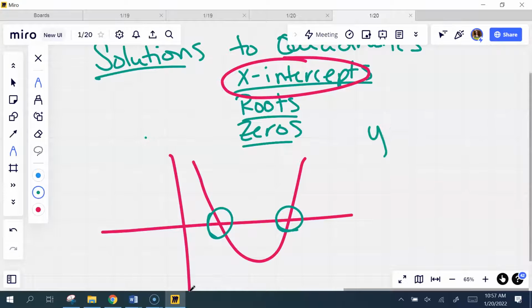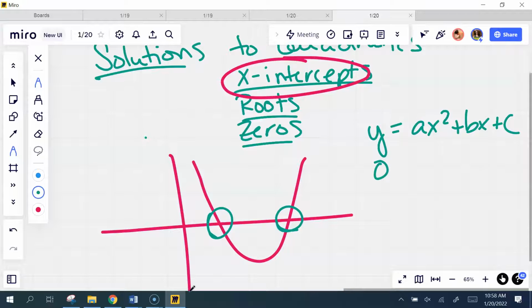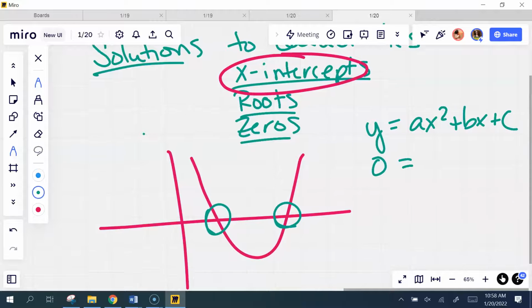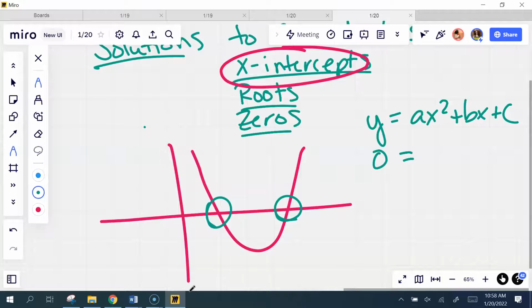That's because anytime you plug a 0 in for y and solve, you're finding what? Think about it in terms of a line. You put a 0 in for y and you solve for x, you found the x-intercept, right? If you put a 0 in for x and solve for y, you found the y-intercept. It's the same concept, we're just doing it on a bigger scale here. So putting a 0 in for y and solving gives you the x-intercepts, which are also the solutions.